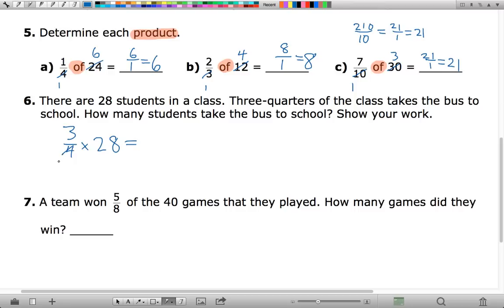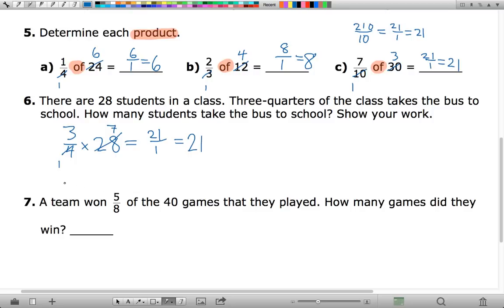Now you can divide this by 4 and divide that by 4 to make this a lot easier. You have 3 times 7 is 21 over 1, which of course is just 21. And so you can say that there are 21 students.